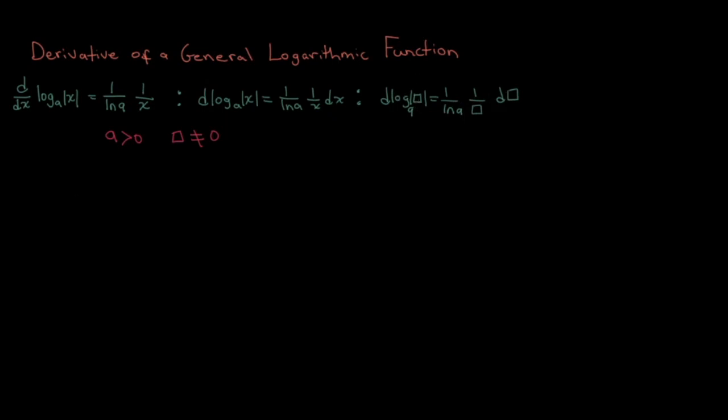So we'll do an example, but before we do that, just one thing to keep in mind is that a has to be greater than 0, and the box, this argument here, or x, whatever you want to call it, cannot equal 0.